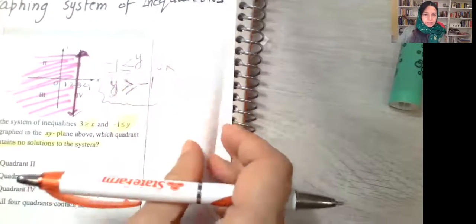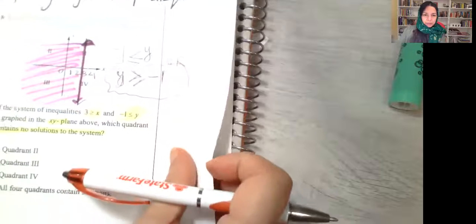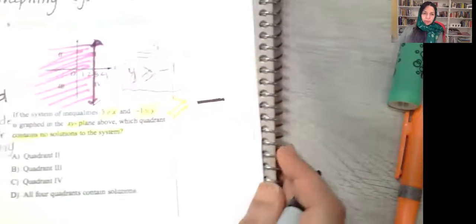It makes things a little easier to read and graph as well. Whenever you have an equal sign underneath, your boundary line should be solid. So it's going to be a solid line.